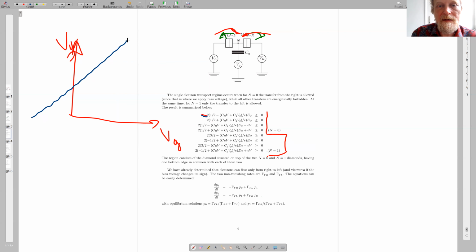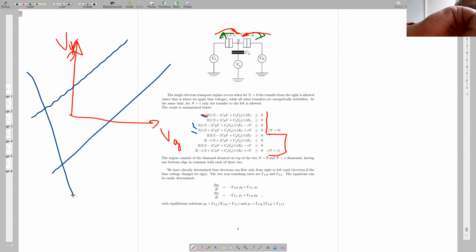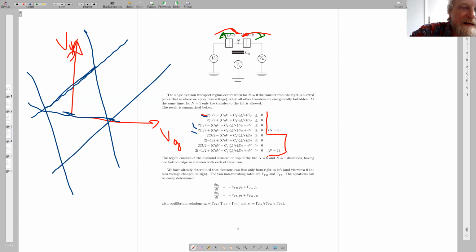All right. It is one condition. There are 4 conditions. So if you look attentively, there are 2 parallel lines, and there are 2 parallel lines in a different direction. So that finally gives you a shape of a domain at certain value of n. N is the number of excess charges.